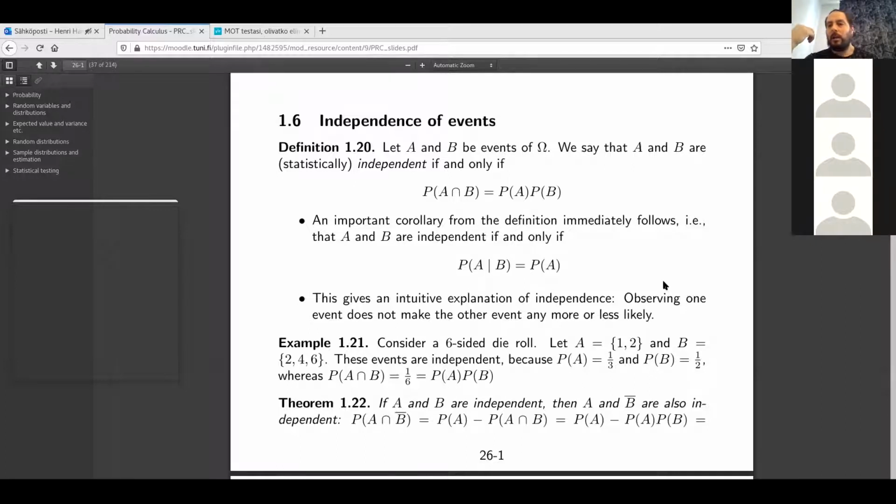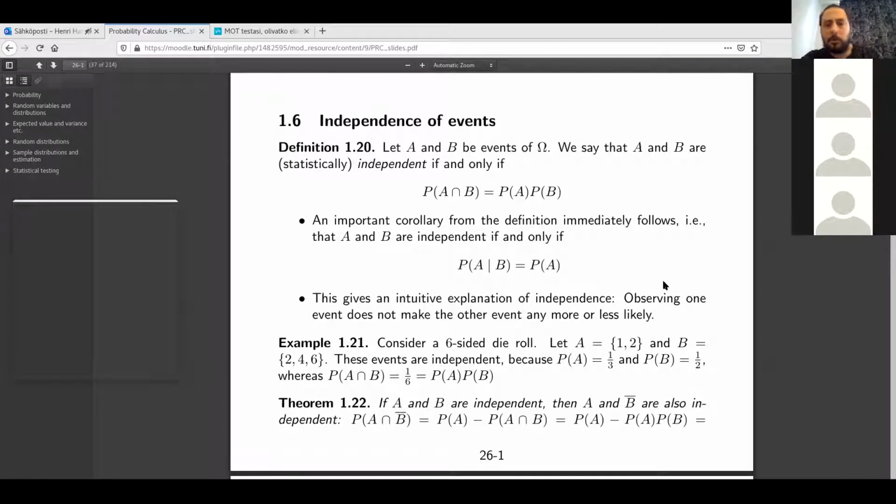So A and B are independent if observing B provides no evidence against or for A. That's independent. So it doesn't affect my assessment in any way. So for example, let's say that whether or not a person wears glasses has no effect on how good a grade they get in the probability course.